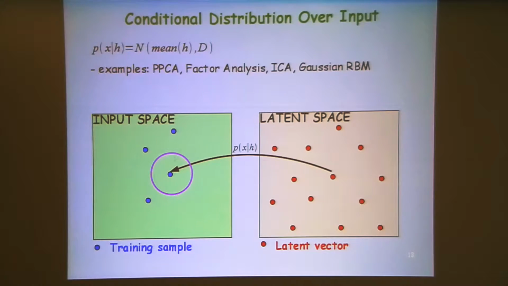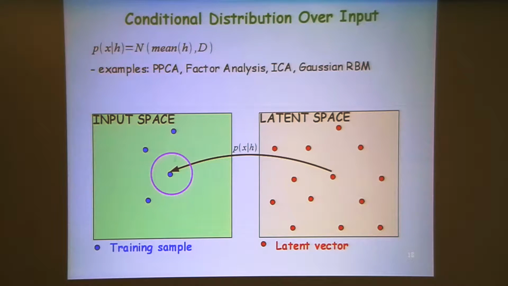So there are a few different ways to compare probabilistic models. You can look at the marginal distribution and say, okay, this model makes this assumption, this other model makes this other assumption. So you can look at also other distributions, for instance, the conditional distribution over the input given the latent variables.